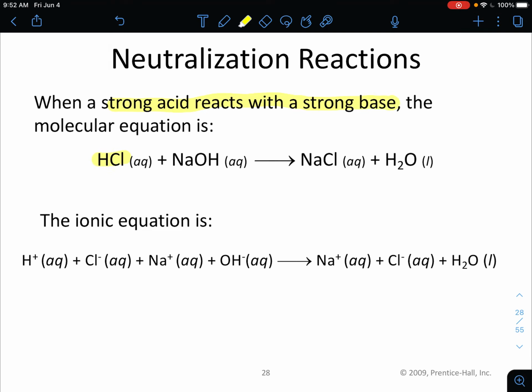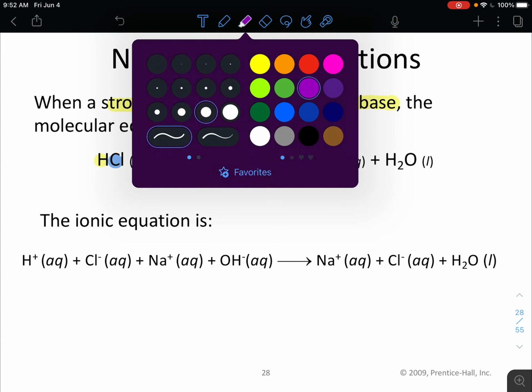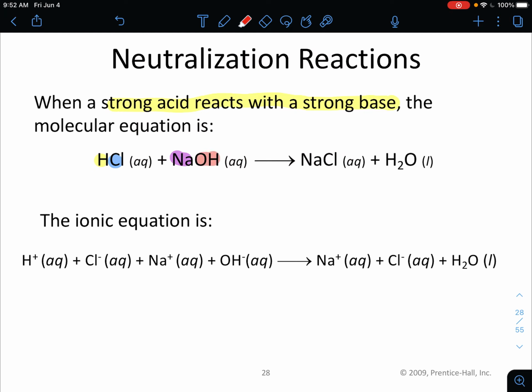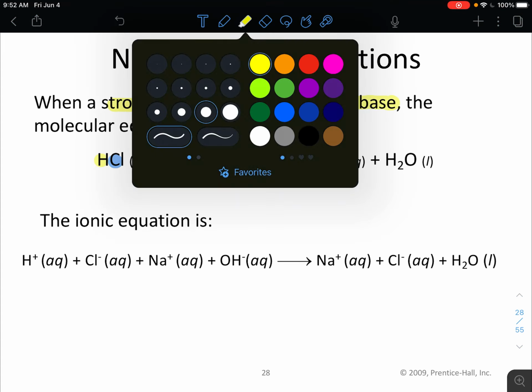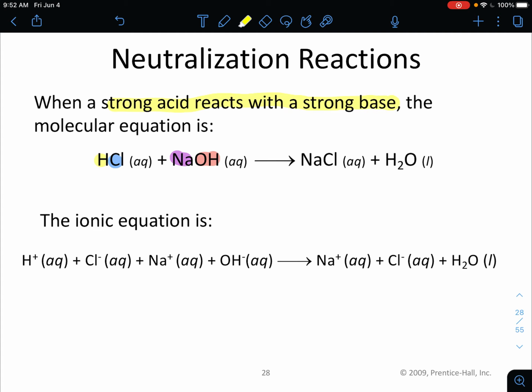And you can see we've got hydrochloric acid reacting with, let me do this the other way. I'm going to highlight the individual components. Hydrochloric acid like that, and sodium hydroxide like that. So in this neutralization reaction, effectively, we're going to see what looks like an exchange reaction. That's why I marked them the way I did, because the HCl is breaking apart and the NaOH is breaking apart.